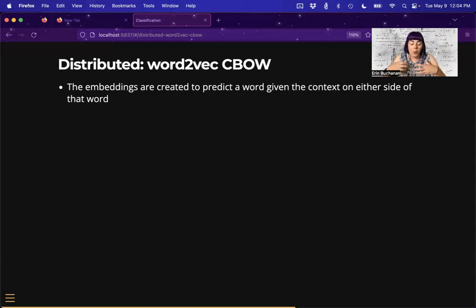The actual point of a word2vec model is to predict a word in context, because then we have all of the information about context embedded in the model.